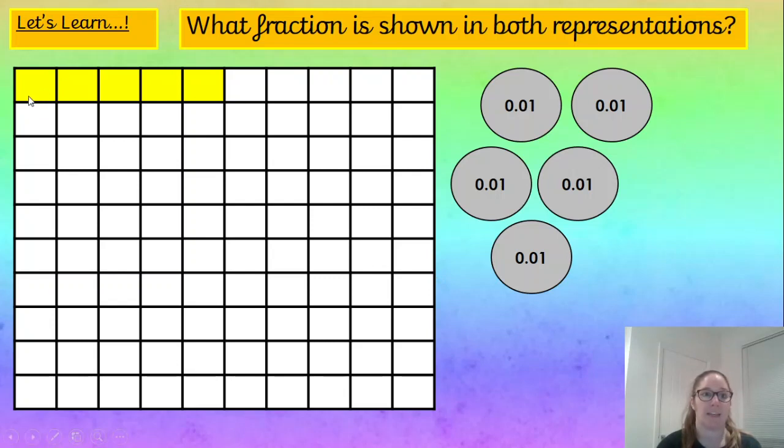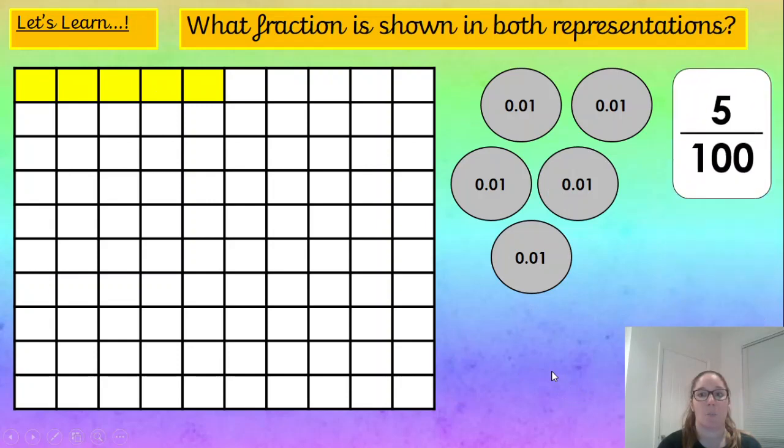We can see we've got 5 pieces shaded out of the 100, and we've got 5 counters, but they're not one counter, so it's not 5 wholes, and they're not tenths because they're not 0.1, they're hundredths. So it's going to be 0.05, because we've got 5 hundredths.